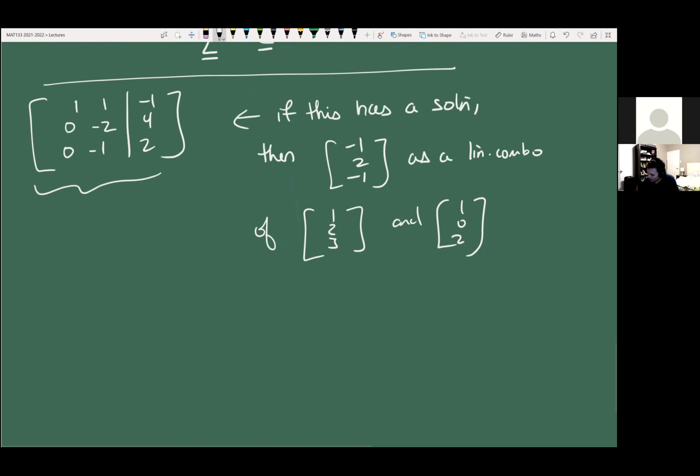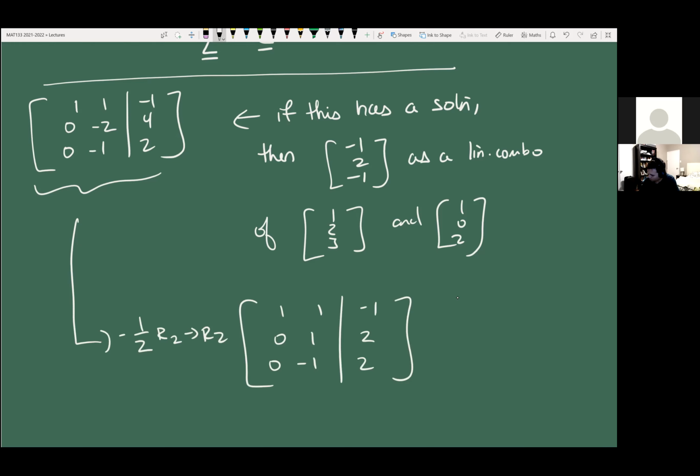But if we continue to put this matrix into RREF, I would do -1/2 row 2 into row 2. So I'd get 1, 1, -1, 0, 1, 2, 0, -1, 2, right?